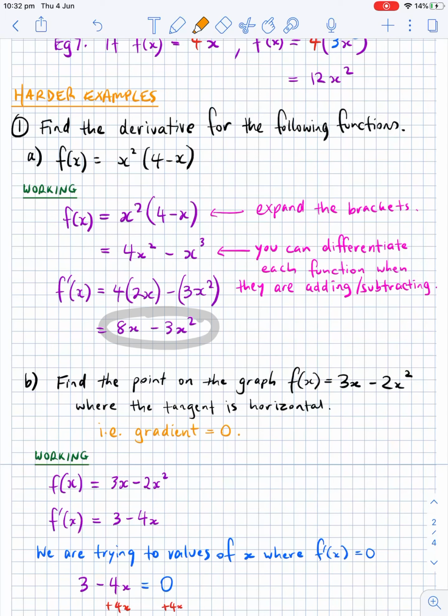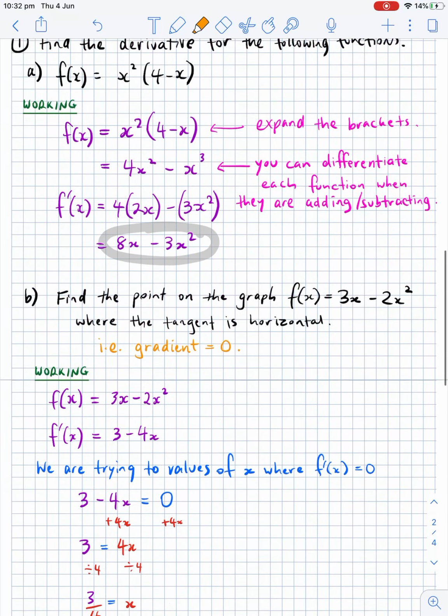We keep that constant, the x squared changes to 2x, and the x cubed changes to 3x squared. Make sure you bring your negative down, because that's like a constant, like a -1. Then expanding these brackets, you get 8x here, and here you get minus 3x squared. So that's your final answer there.